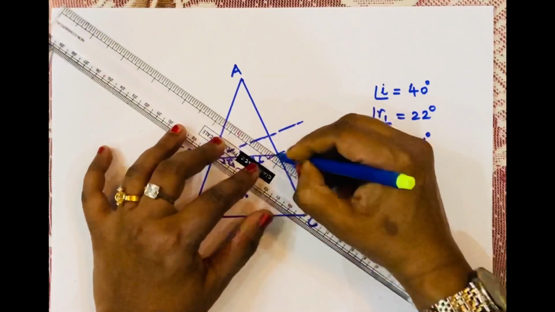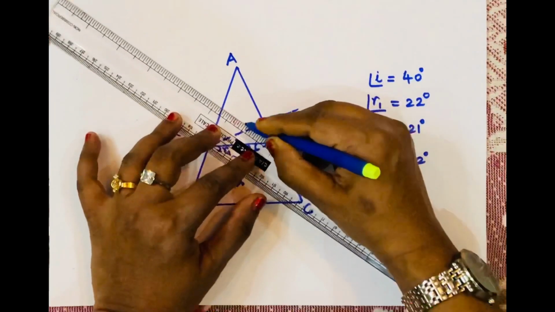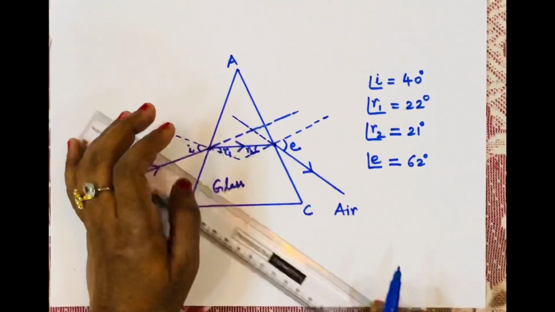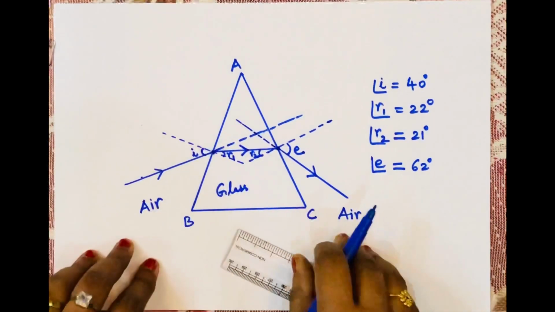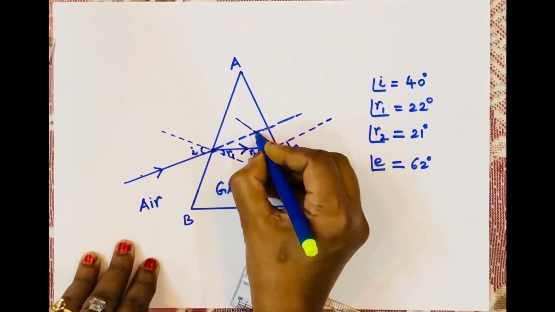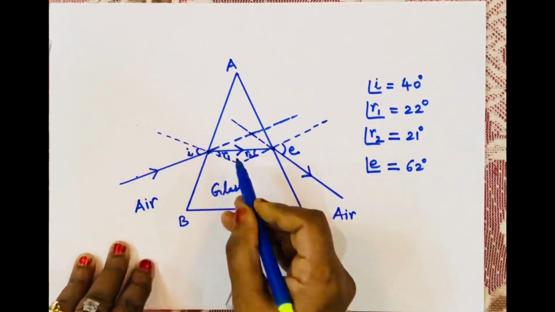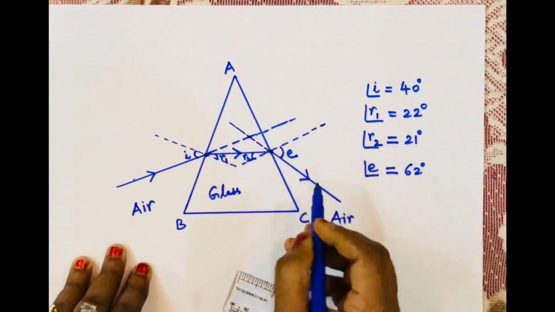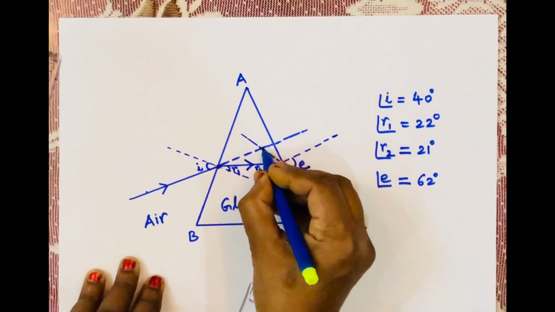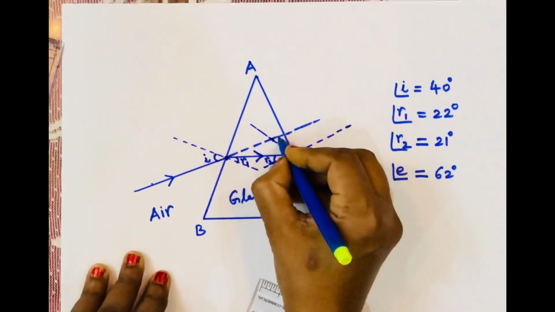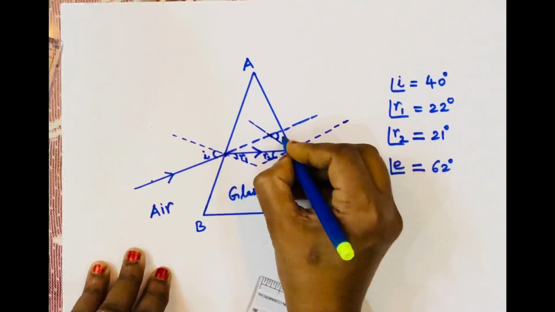As you can see here, I am extending the emergent ray in the backward direction with the dotted lines. And these two lines, that is the extended incident ray and emergent ray, meet at a point where an angle is formed. So this angle is nothing but the angle of deviation.